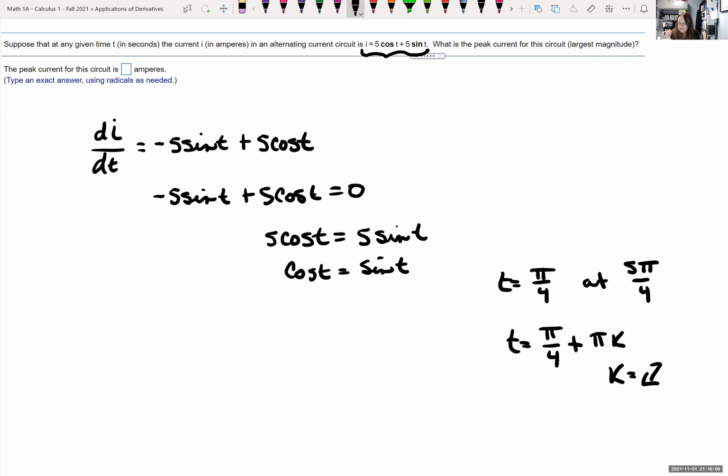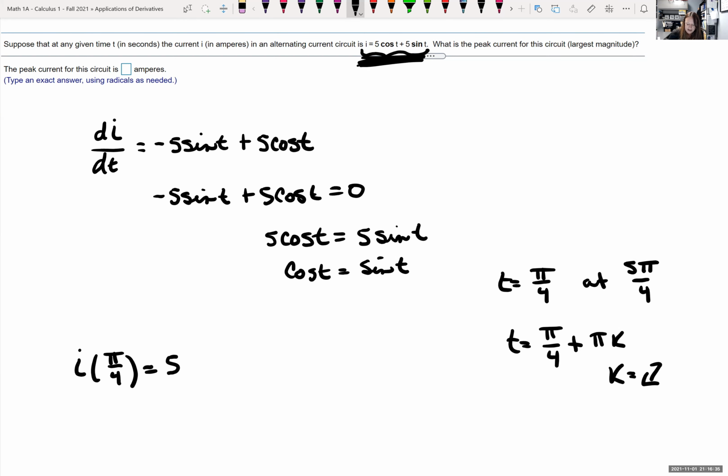So this is what value of t, and it wants to know what is the absolute max. Let's look at what is I of pi fourths.